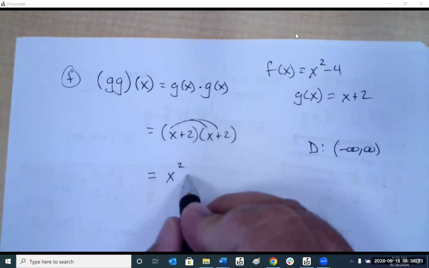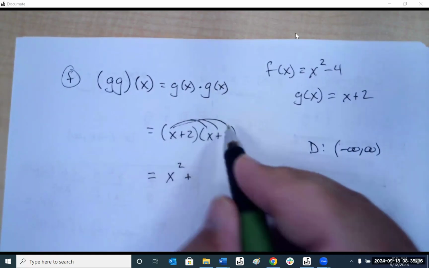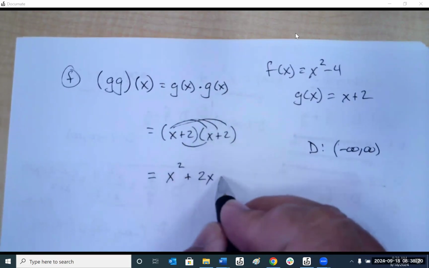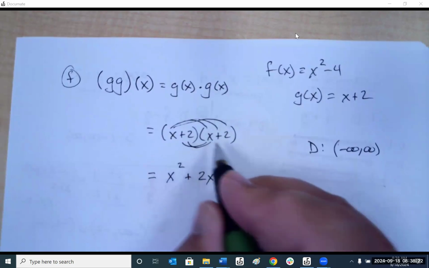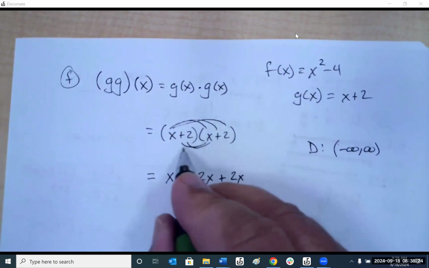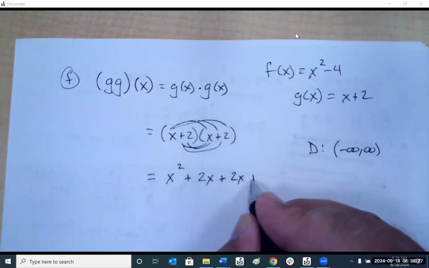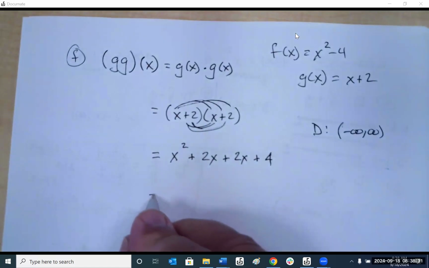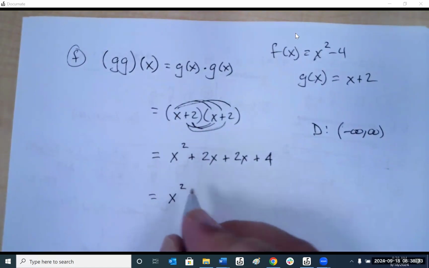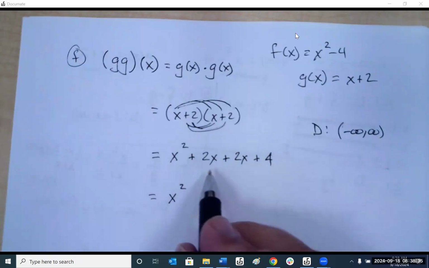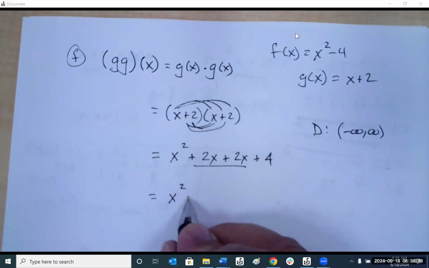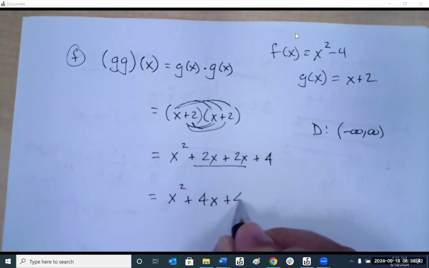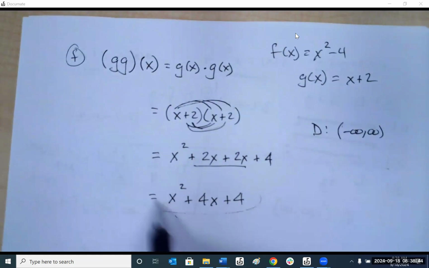Positive times positive is positive. x times 2 is 2x. 2 times x is 2x. 2 times 2 is 4. Whenever you get rid of parentheses, first thing you do is combine like terms. 2x plus 2x is 4x. And there's your answer: x squared plus 4x plus 4.